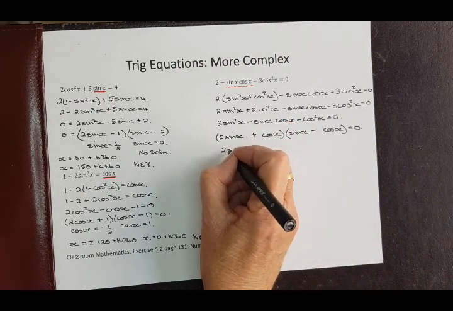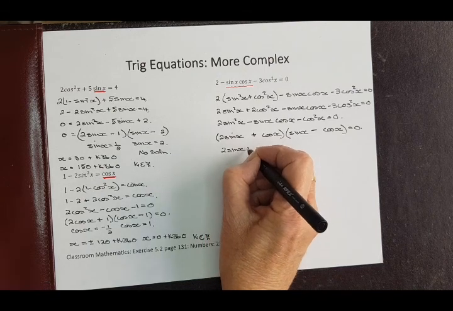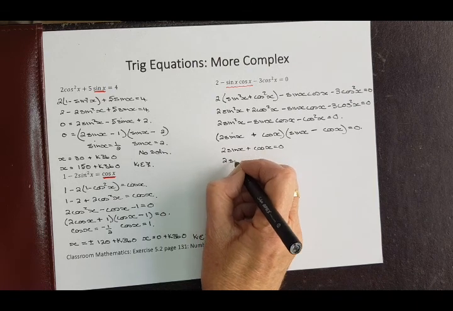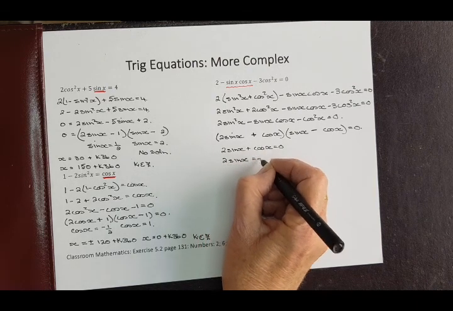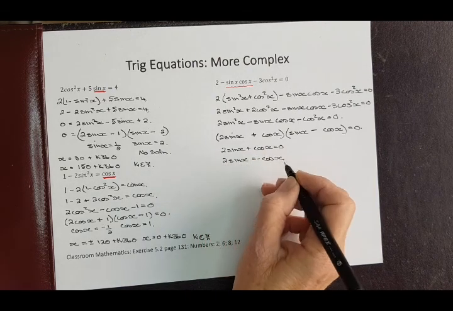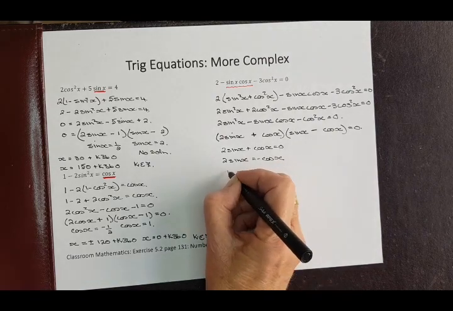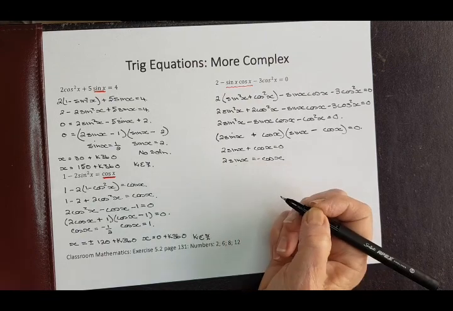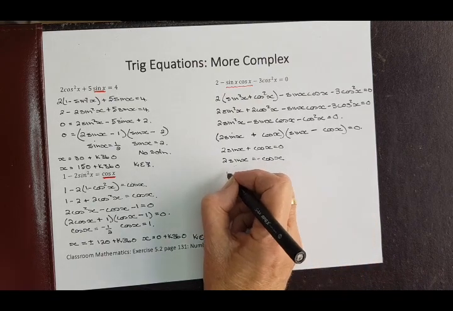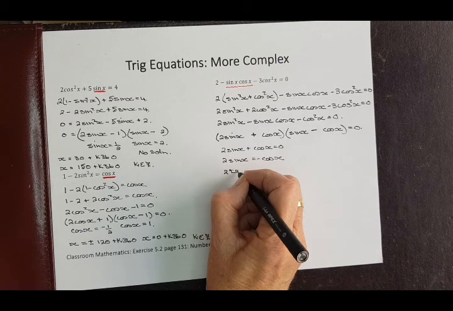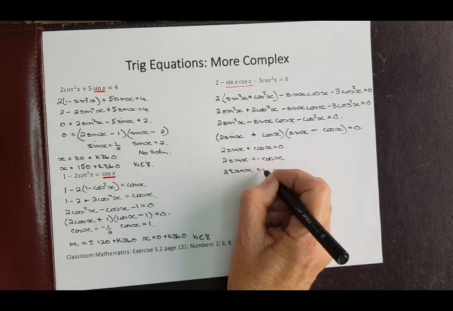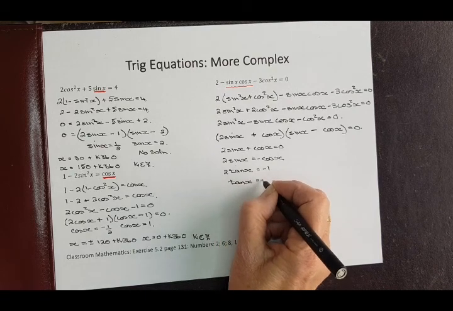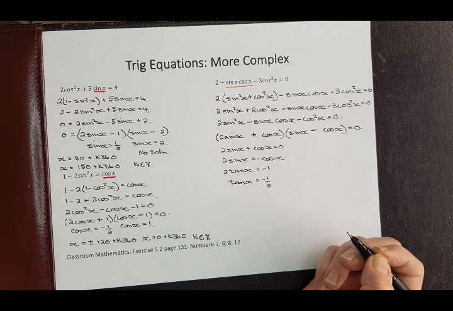This means that 2 sine x plus cos x is equal to 0. 2 sine x is equal to minus cos x. I need one trig ratio out of this, so I'm going to divide both sides of this equation by cos x. So I land up with 2 tan x is equal to minus 1. Tan x is equal to minus a half.